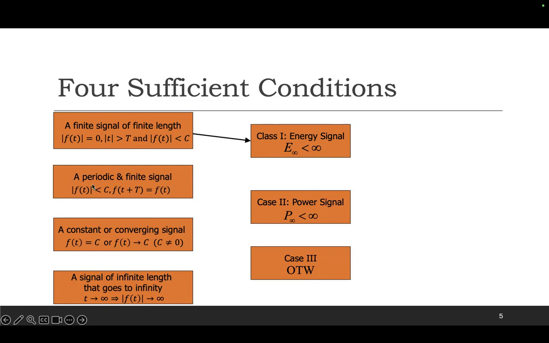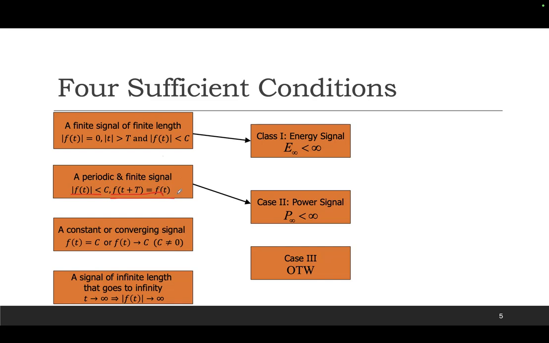Then for class 2, signal 2, a periodic and finite signal, which means this signal is periodic. Let me write it down. Periodic and finite signal, which means the value is limited, not infinite, not unlimited. What kind of signal is it? Class 2, we talked about that.